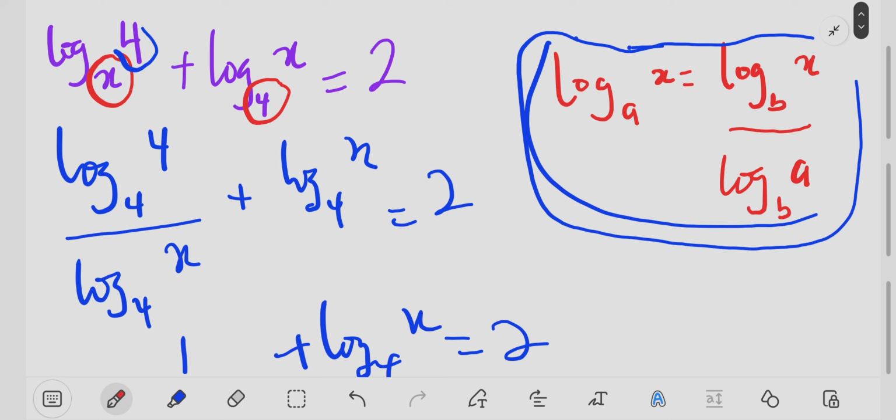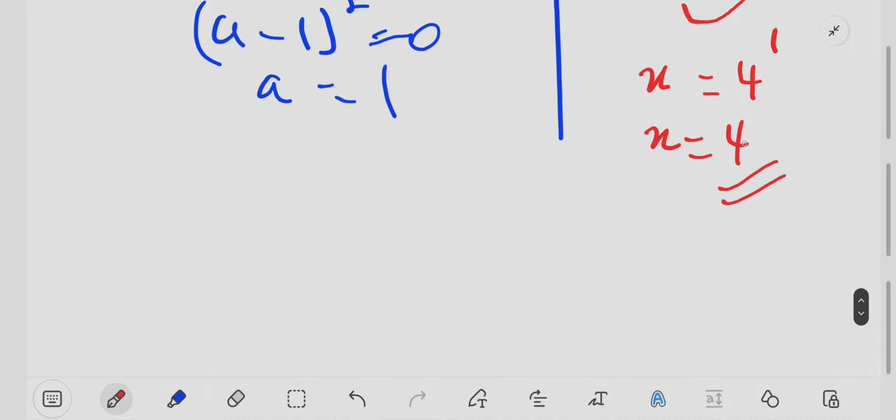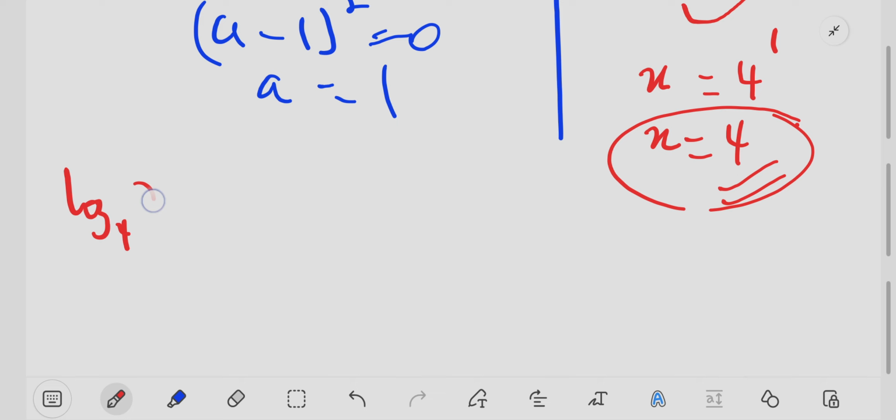So when you are done and you want to be sure that you are correct, you can just put your final answer, x equals 4, into the original equation to see whether it satisfies it or not. So we had log to the base 4 of x plus log to the base x of 4 equals 2.